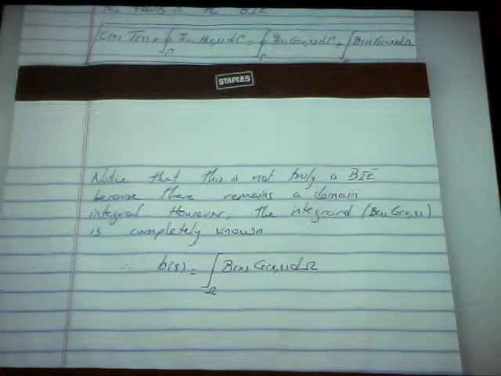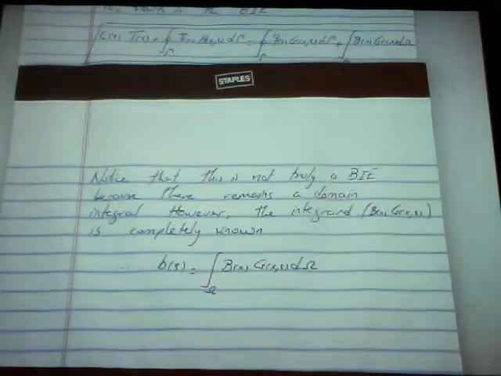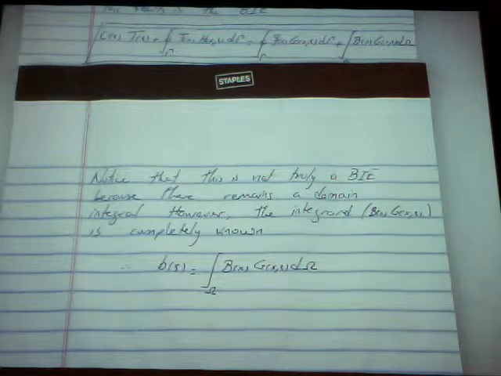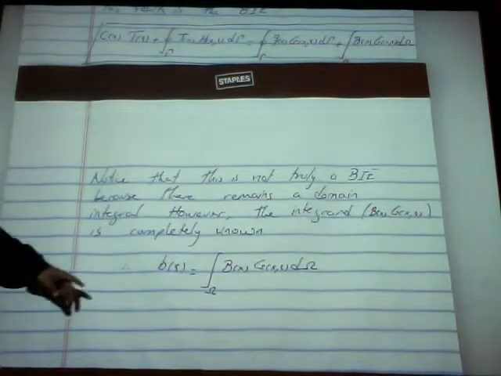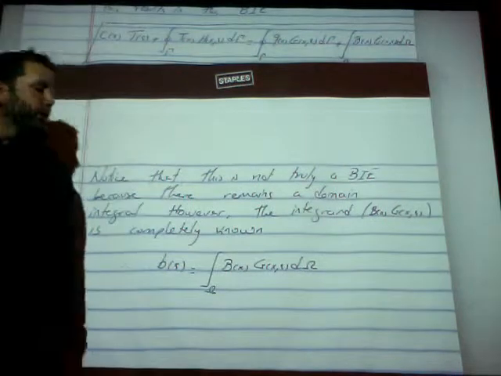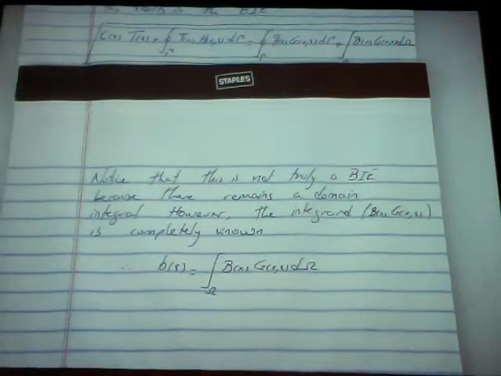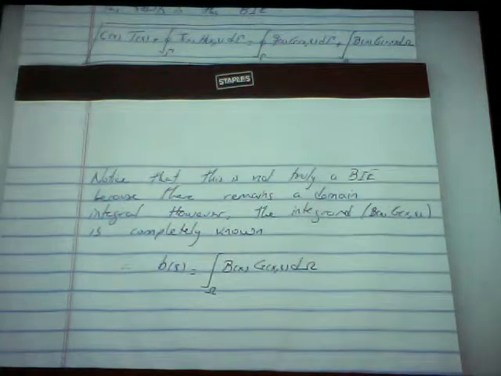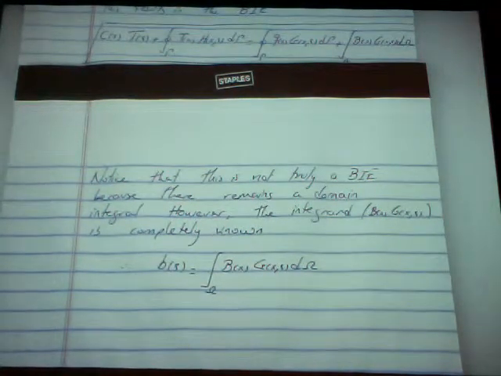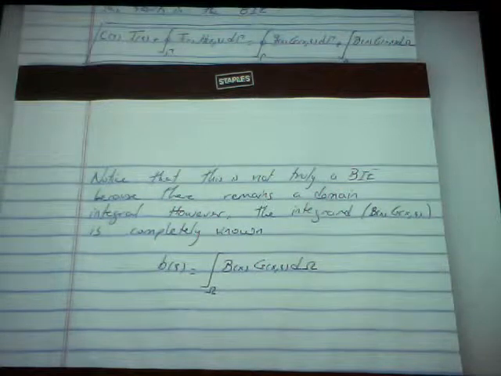It's like integrating from one limit to another if this was a 1D integral. The only thing that remains in that integration process is the dependency on xi. So wherever you position the source point of the Green's function, you're going to have a different answer, and that's what we call b of xi. Now that integral is fully known. We can solve it. That's why I'm just going to call it b.